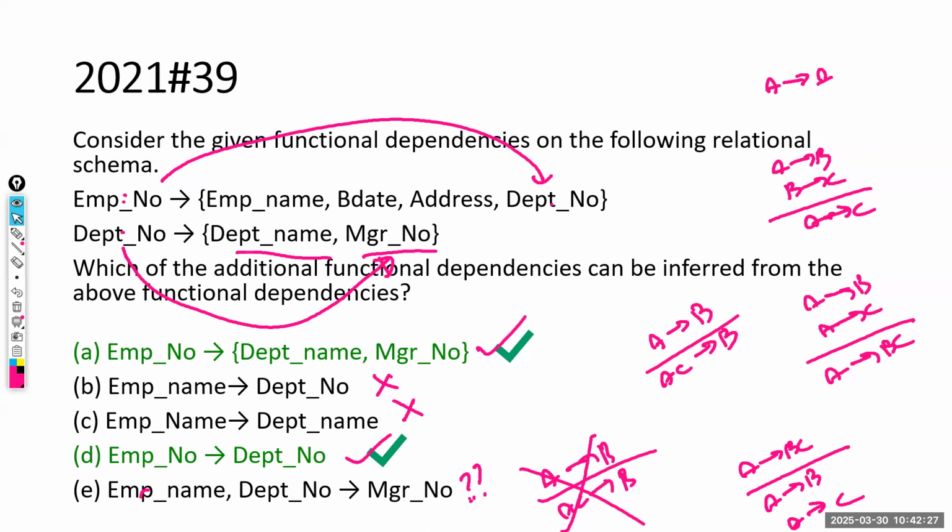Because Nimal in department 5, Nimal in department 3, Nimal works for two departments, because we have not been given any details about that. Assuming like that, because same name, two employees. Anyway, this does not satisfy any of the axioms, so that is why I did not take it. But you can say the examiner has also not taken it because this may not happen also. Anyway, it's a very fussy question, but if you go by the axioms, the answers are A and D only. A and D only. Okay.